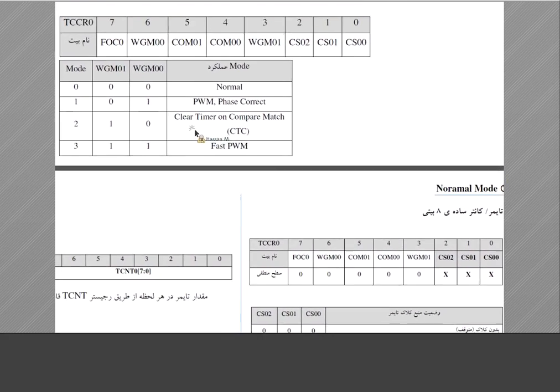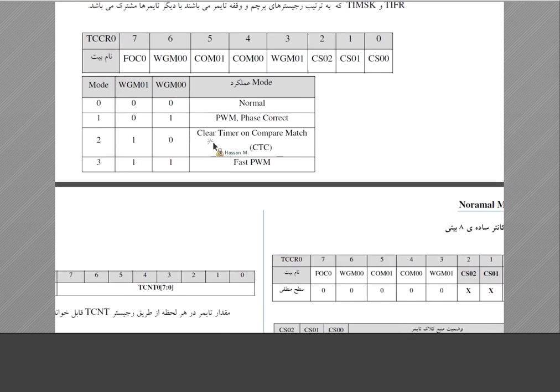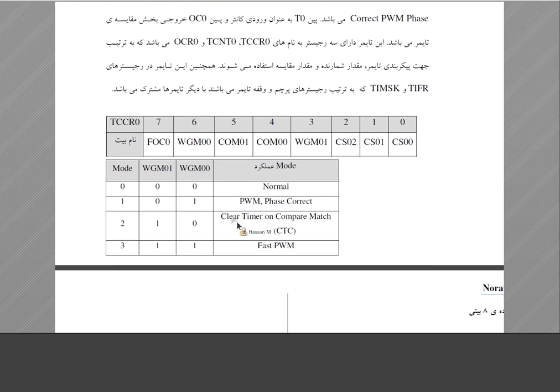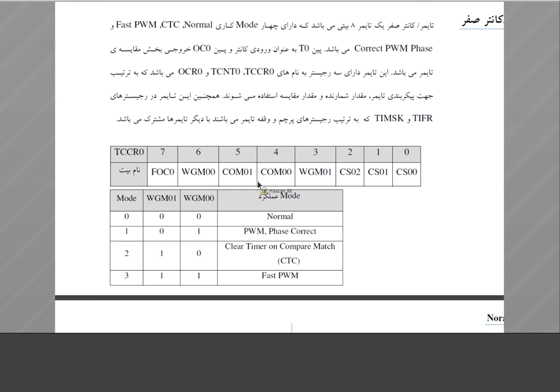And we will see in these 2 pins COM, which means compare match output mode.